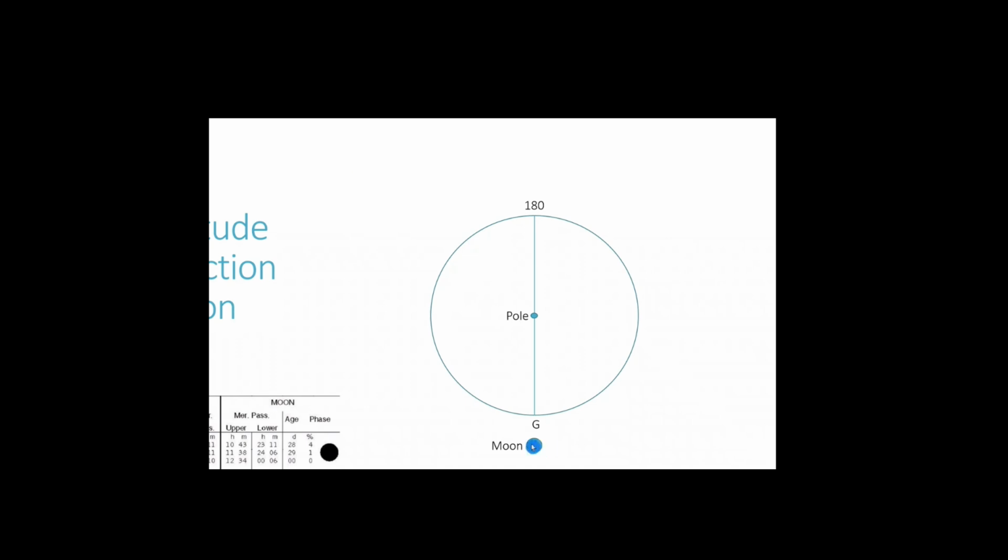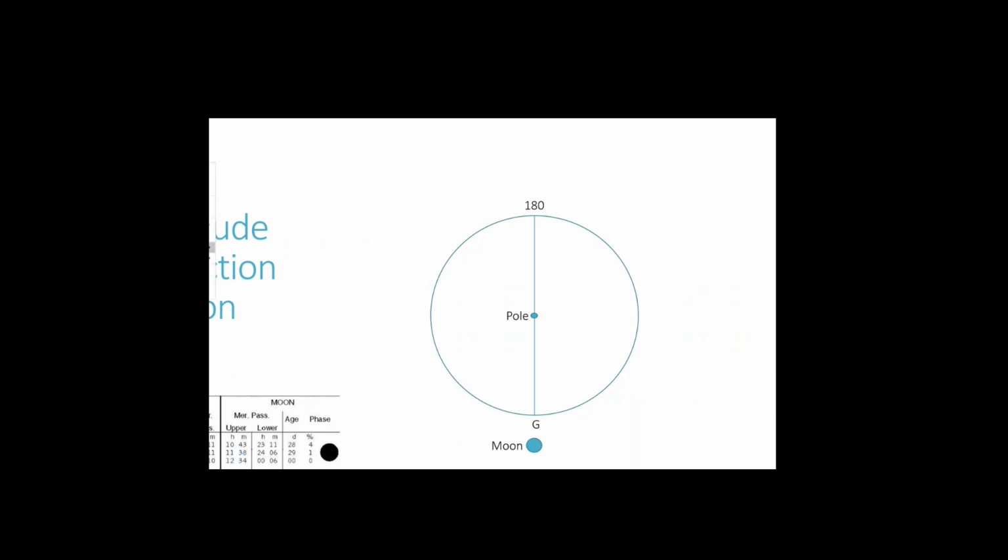Now let us say we have the moon here at the Greenwich meridian on 7th. We have it on 7th and the time would be 10:43.